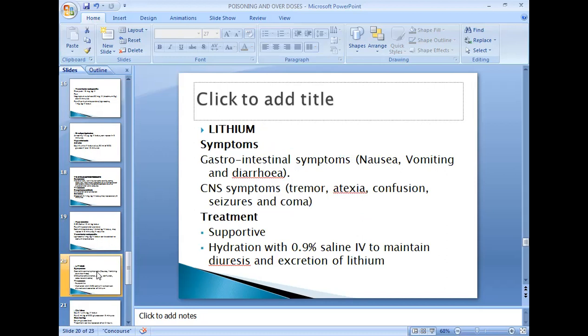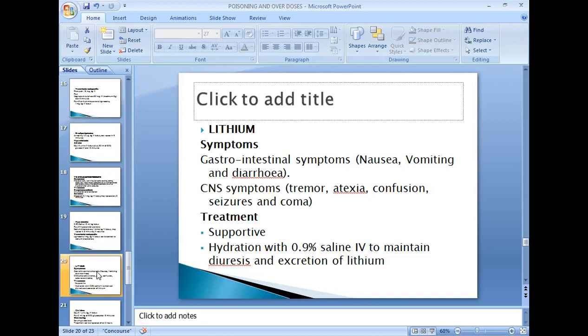Lithium is a drug which competes with sodium. Its toxicity shows gastrointestinal symptoms like nausea, vomiting, and diarrhea, and CNS symptoms: tremor, ataxia, slurred speech, loss of balance, confusion, seizures, and coma.